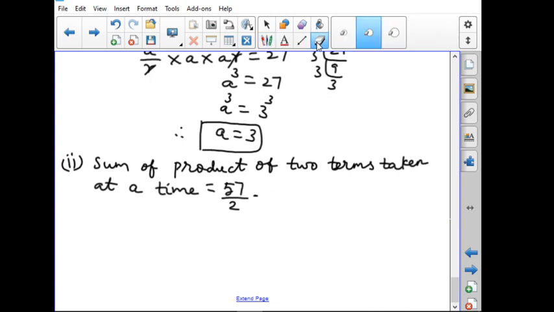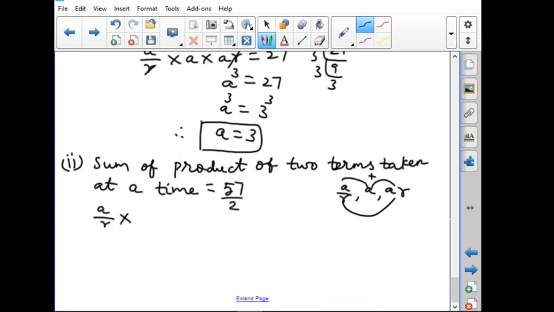Once again, read the second condition. The three terms are A by R, A and AR. First we take the product of two terms, then add the product of the other two terms, then the product of the remaining two terms.